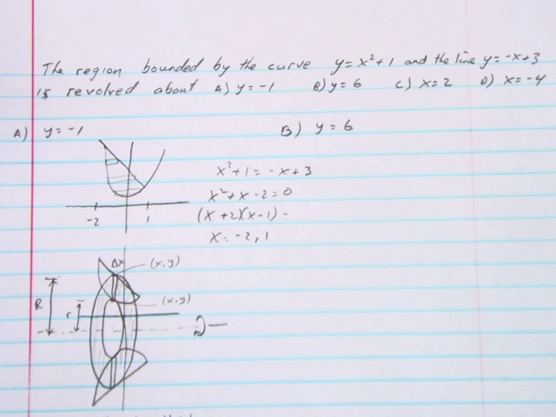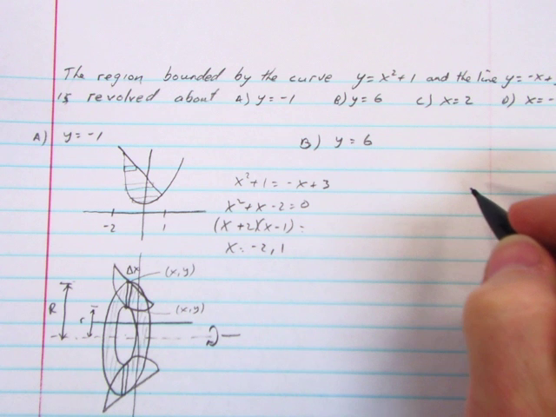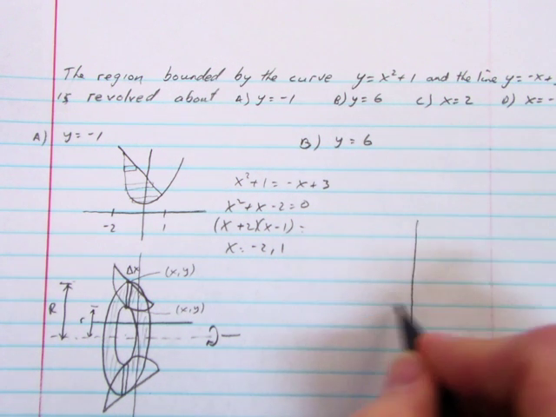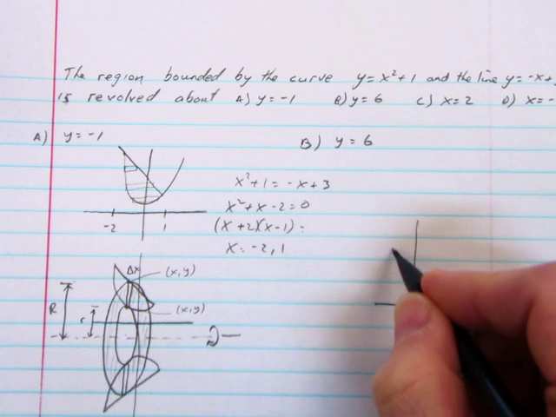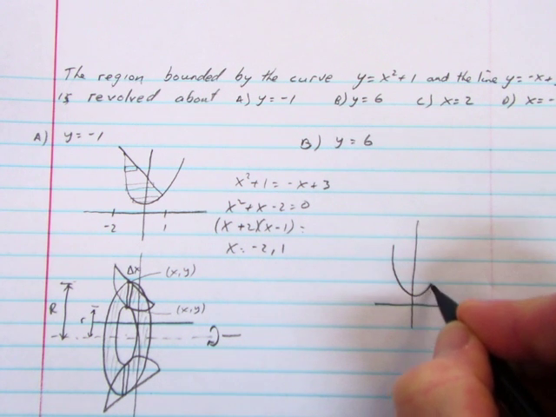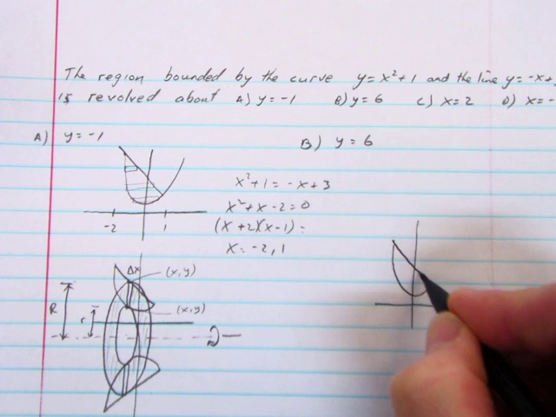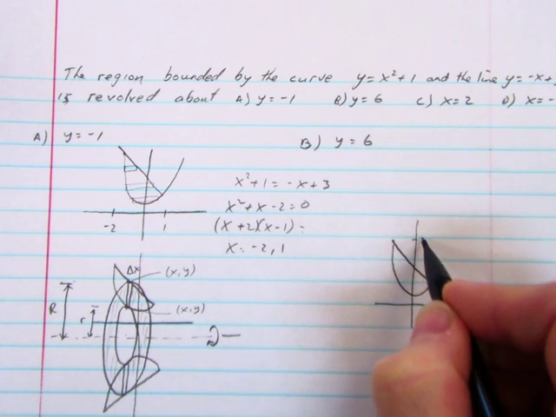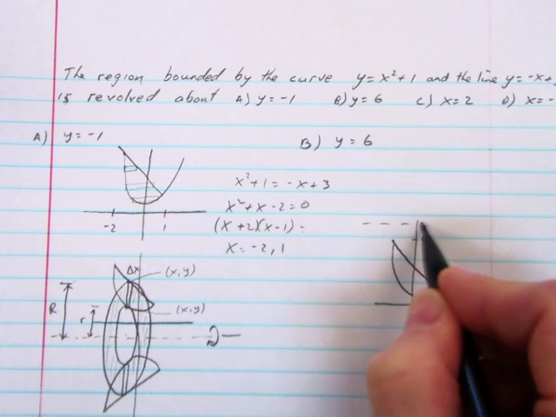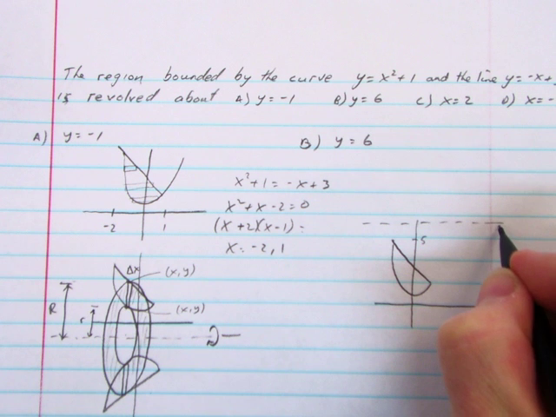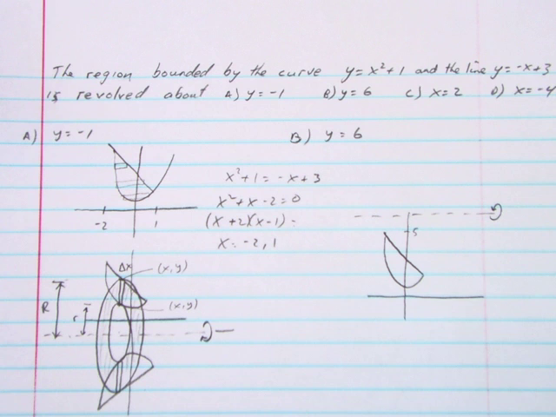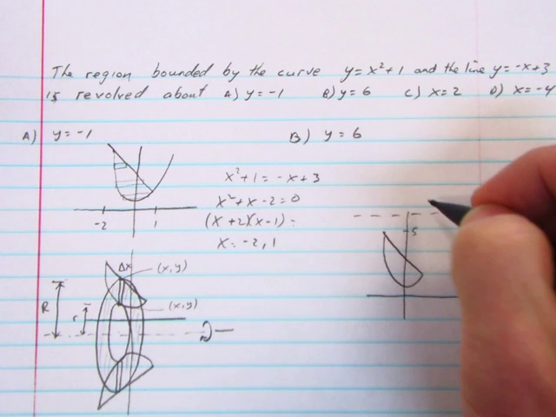So we have the same basic setup, except now when we draw this, let's sketch the region again. Again, I just want the part that I need. And we had already figured out that this number here was 5, and so 6 is going to be something above. We're starting below. We're going to revolve around it, and we're going to copy this now.